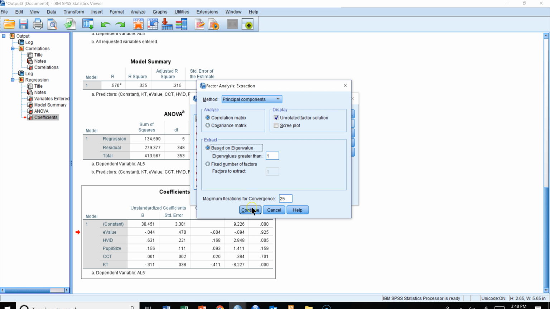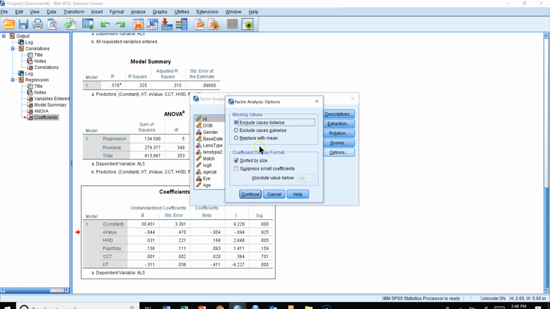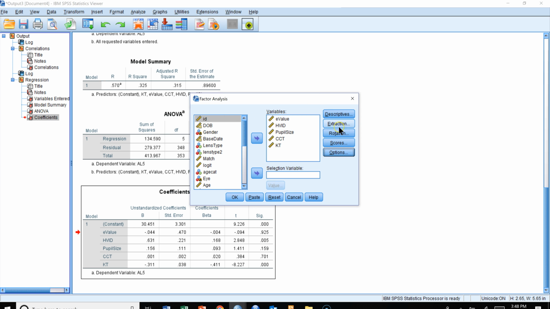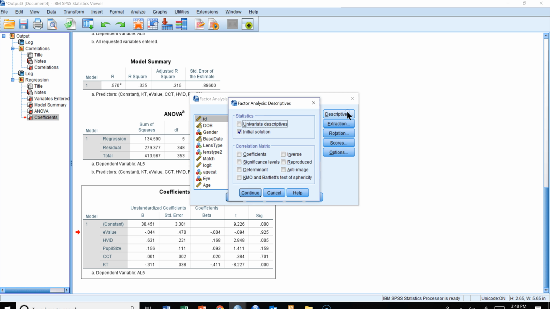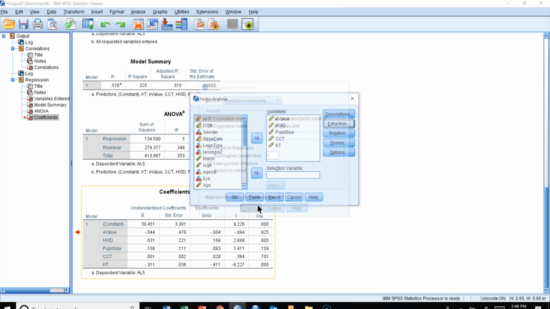Another thing we always want to remember to do is in options, click on sorted by size. It just makes the interpretation a little easier. We'll see what that looks like in a second. So let's go ahead and do this. Oh, and another thing, let's look at a scree plot. A scree plot, well, we'll see what it is.